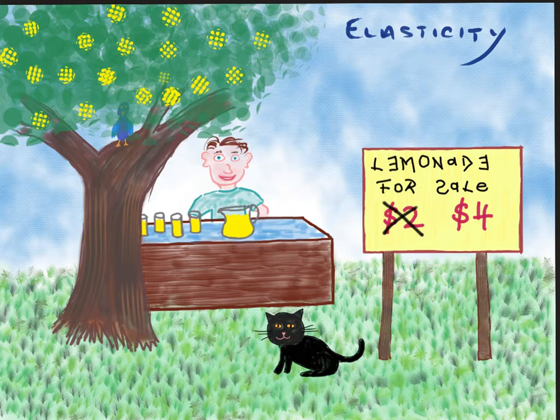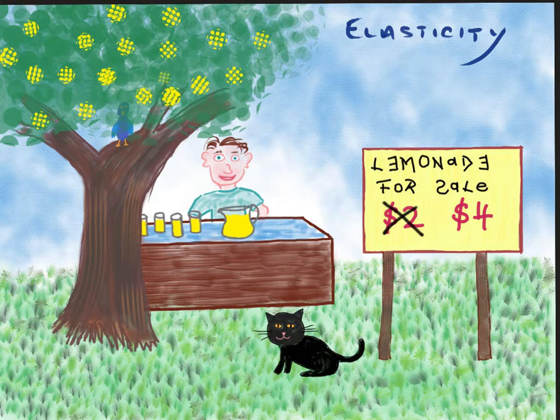Yeah. If doubling the price of lemonade cuts their customers in half, then it's equivalent, right? Then it's a wash. But if doubling the price reduces their customers by more than a half, they lose money.